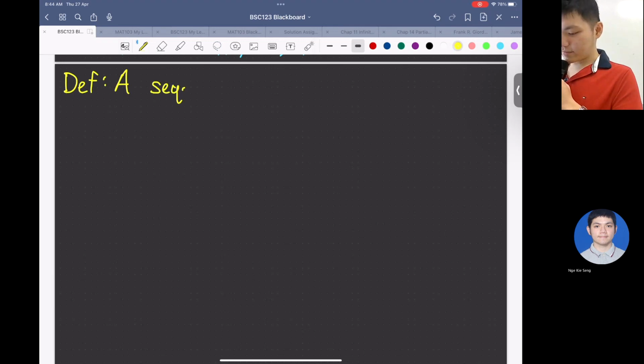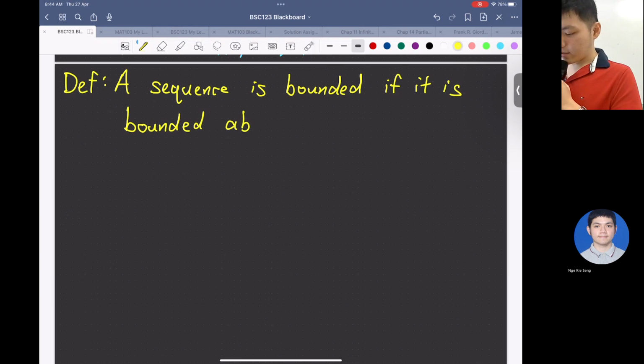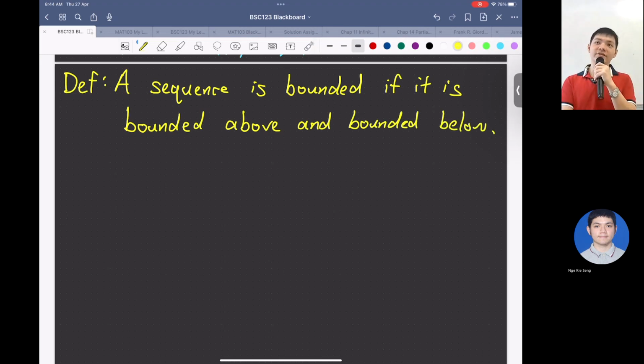A sequence is bounded if it is bounded above and bounded below. So the next question you should ask: what is bounded above and bounded below?